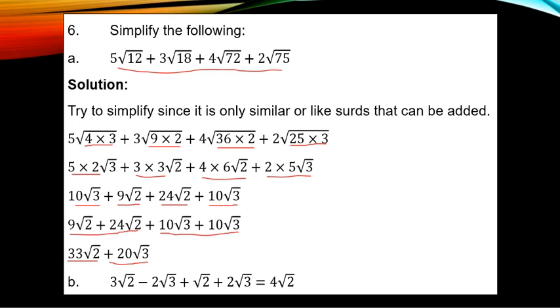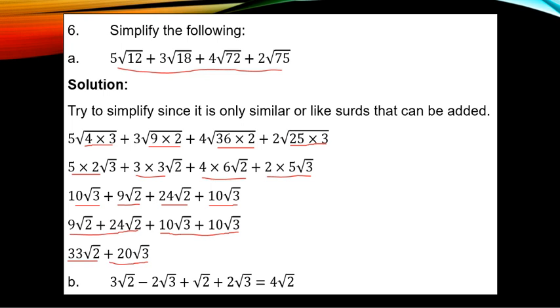So the idea here is to get similar surds from the radicands. Also in lesson 2, addition and subtraction of surds, we found out that there are times such that after you express the radicand in simplest form, you still have different surds. In that case, you stop at that point where you cannot add nor subtract the different surds.